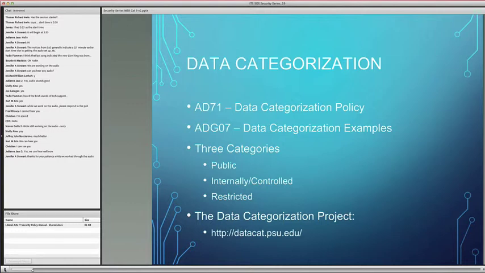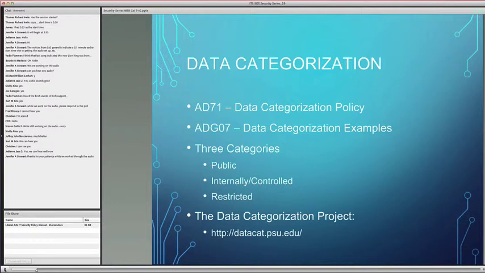Internal controlled data is the data we would like to keep within Penn State. There might be some liability if that data is lost, but there is no regulatory or compliance issue associated with it. And then restricted data, the crown jewels, which are those which the university has legal, regulatory, policy, or contractual obligation to protect.